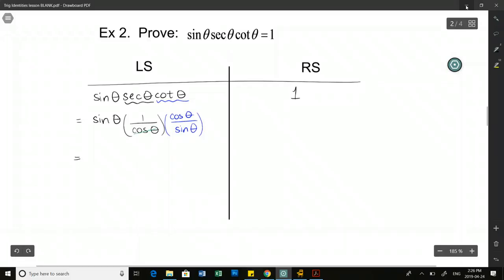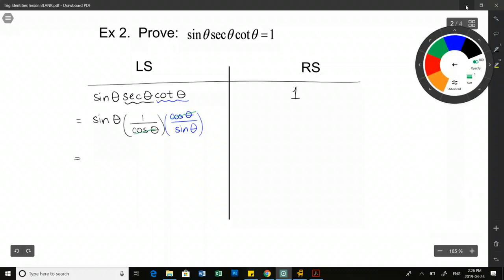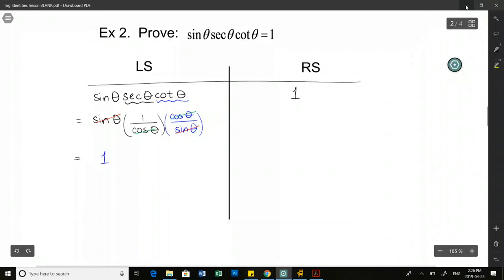Okay, so I have a cos on the bottom and a cos on the top. It's all being multiplied. And then I have a sine on the top and a sine on the bottom, right? So these will all cancel. So what are we left with? 1. And we're done. You can say left side equals right side. And a square. That's right. Then you can be happy.